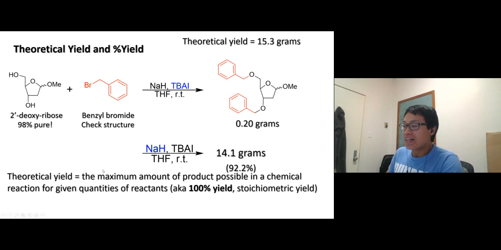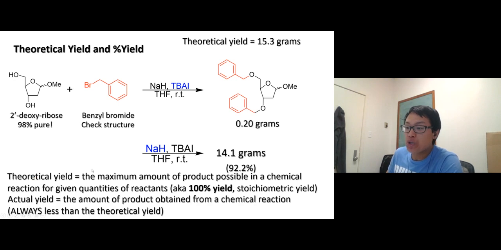Anyway, the moral of the story I want to tell you. The theoretical yield, we talked about that, is the maximum amount of product that you can possibly get. We can call it 100% yield, stoichiometric yield, but we usually call it the theoretical yield. Actual yield is what you actually get. Not always 100% yield.